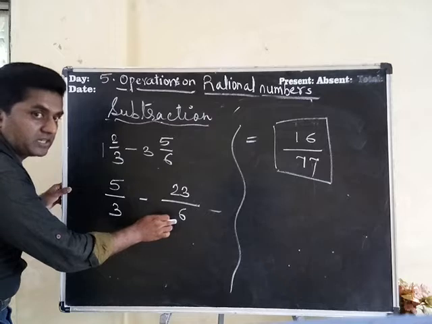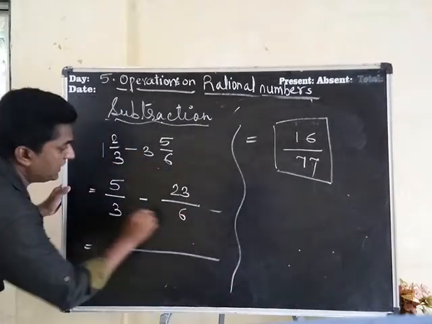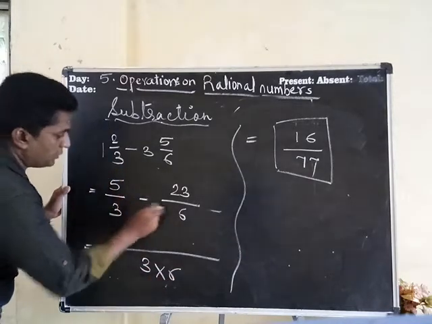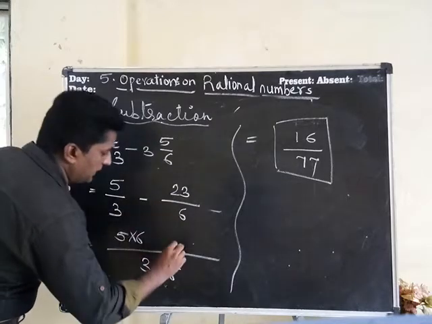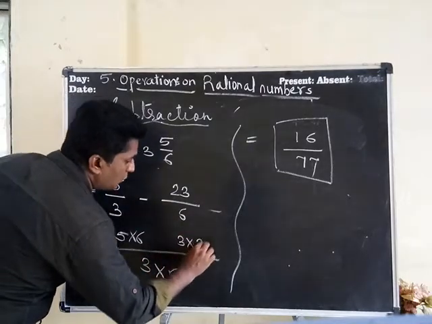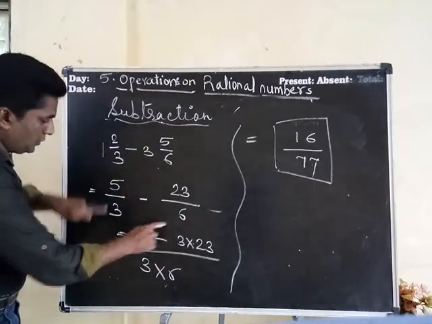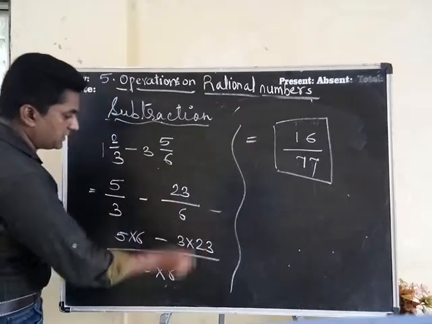See, fractions are there. Okay, is equal to a big line of upon, 3 into 6 here, 3 into 6, cross 5 into 6, 5 into 6, 3 into 23, 3 into 23, and here what will come? Minus. See, this 2 here, this 2 here, and 3 and 6 here.